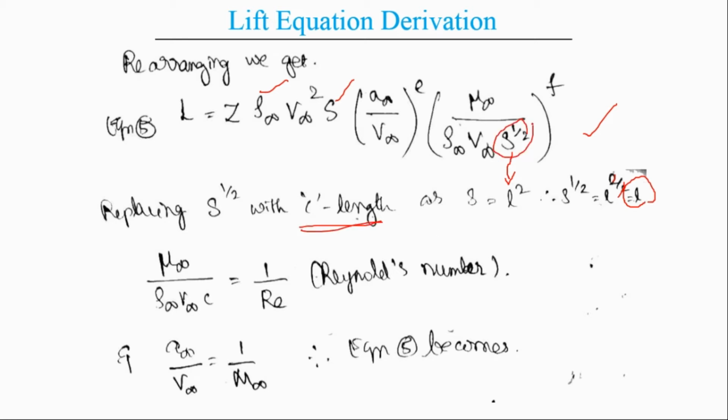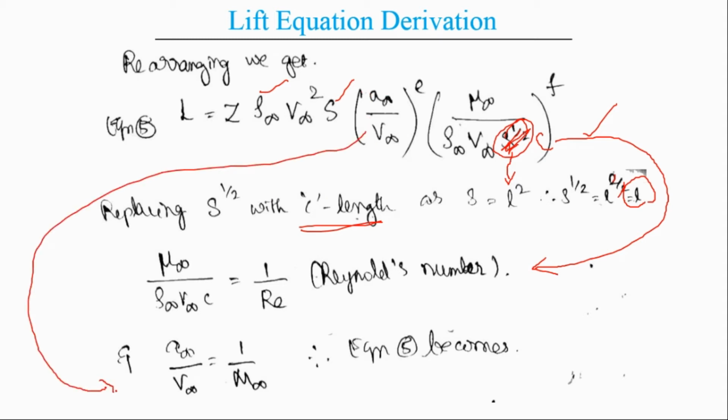When we replace this term with a chord length C, this equation turns into the Reynolds number equation, and similarly this is the inverse of the Mach number relation. For further simplifying, we are replacing these two complex looking terms with two simple ones. This is 1 by Reynolds number, and here we have 1 by Mach number, M infinity.